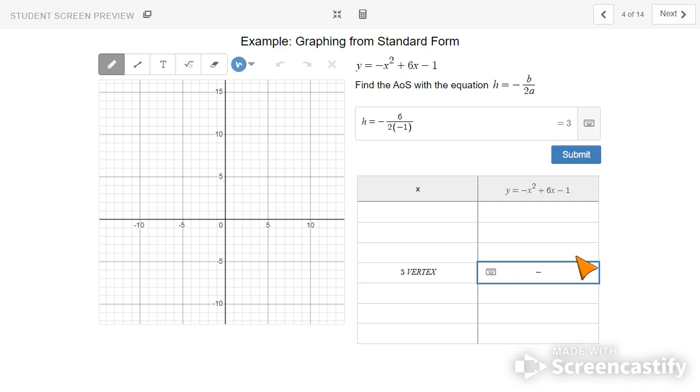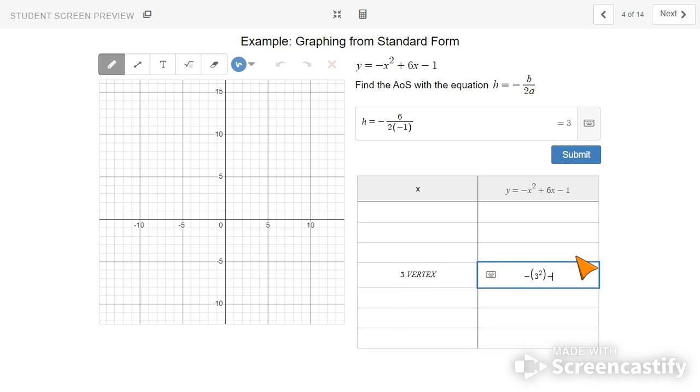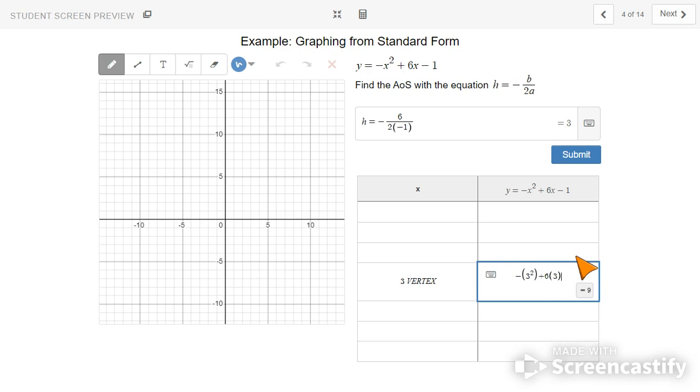Let's substitute my value: negative 3 squared plus 6 times 3 minus 1. So the vertex is 3 and 8.